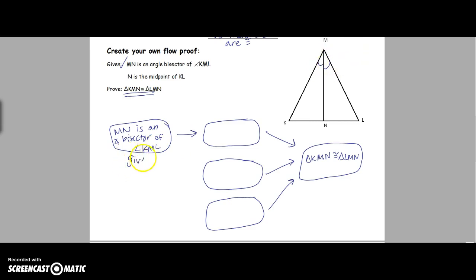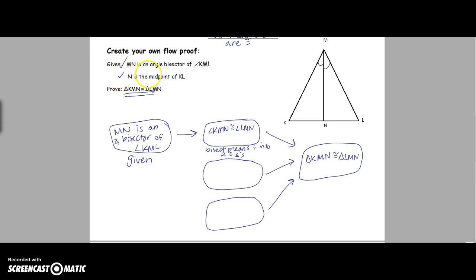And we know this one because it's given. So we can say angle KMN is congruent to angle LMN because bisect means divide into two congruent angles. So you have one congruency statement.